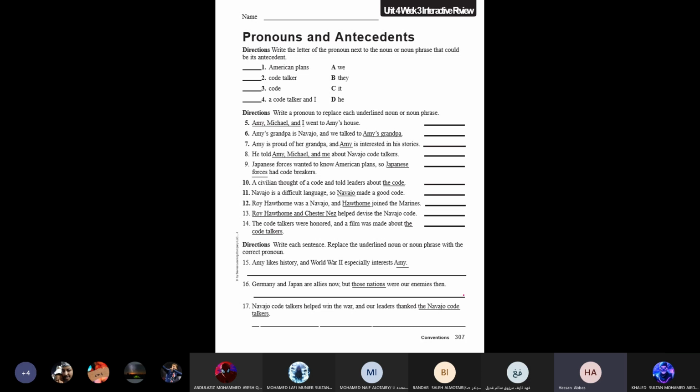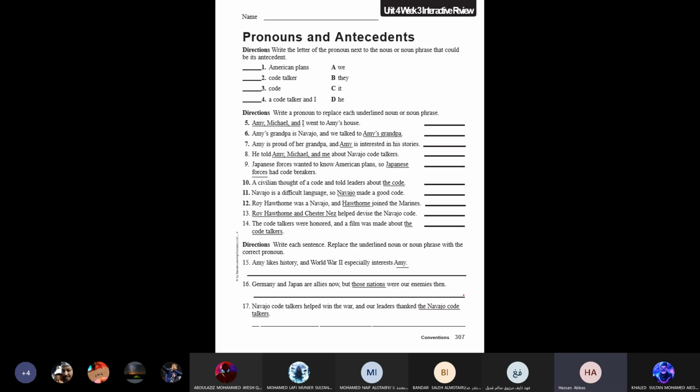Plural. Instead of it, I replace it with they, and the object of they is them. So this must be them. Easy, good.